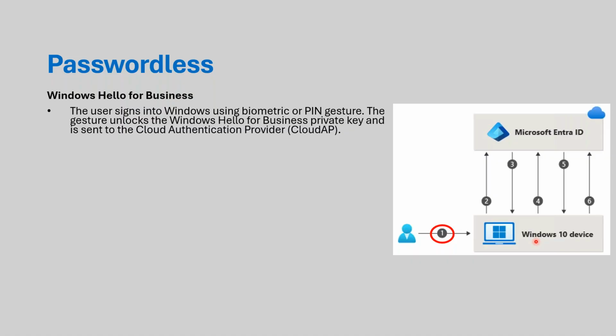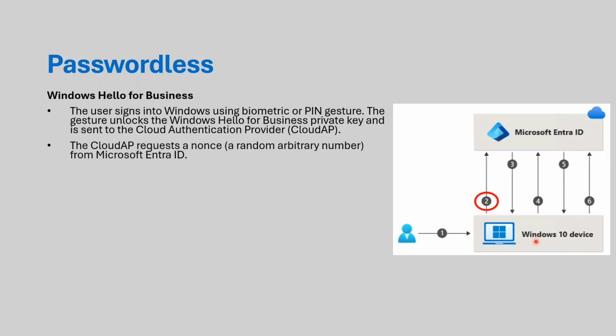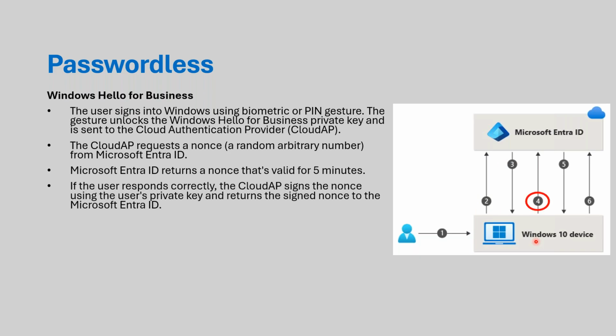All right, so now I have a private key that's only mine that will match a public key that has been put up into Entra, which happened upon my registration, okay? But now I have the private key available to me. The Cloud AP then requests a nonce from Entra, which is now returned. And now I get to respond.